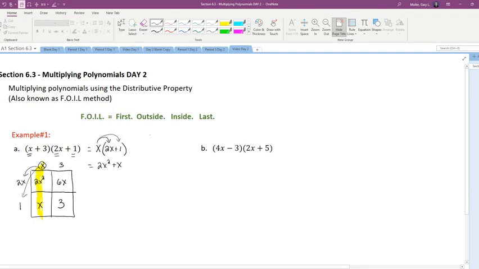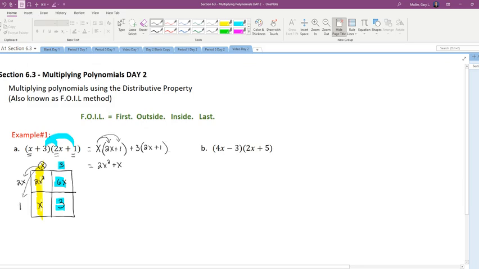Then what did we do? Well, then we took the 3 and we multiplied 3 times 2x, and we did the 3 times the 1. In other words, I did the 3 times 2x and the 3 times the 1. So I did another distributive property. So this is a positive 3, so I'm going to put a plus 3 times 2x plus 1.